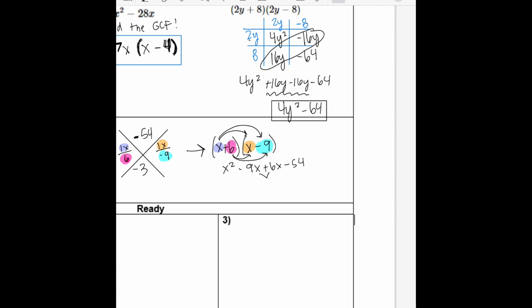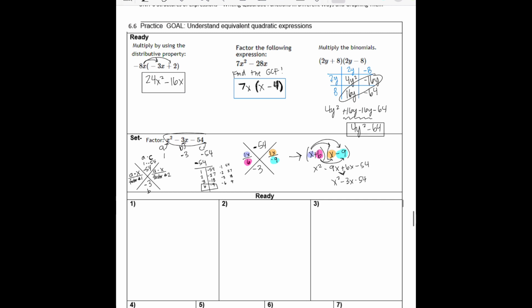Now, if we were to combine our like terms, we would get x squared minus 3x minus 54, which is what you started with. So you should always double check yourself at the end to make sure that you're getting what you started with. But your final answer really should just be these two answers in parentheses.